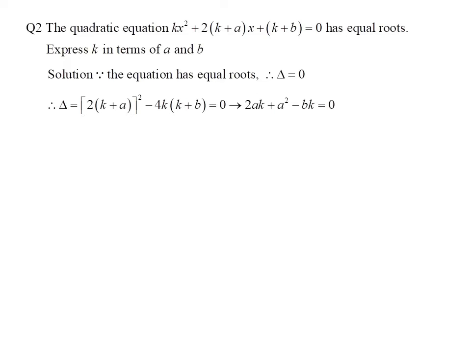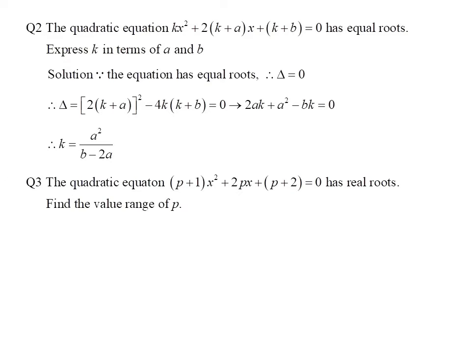So delta equals (2k plus 2a) squared minus 4k times the sum of k and b equals 0, which relates to the equation of 2ak plus a squared minus bk equals 0. Hence, we find that k equals a squared over the result of b minus 2a.